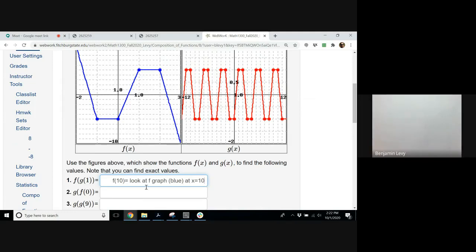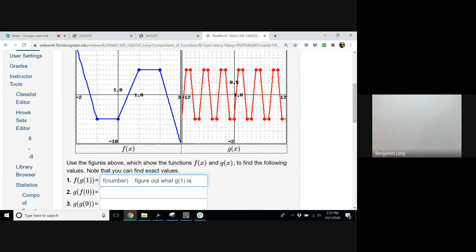That's what f of 10 means. That's exactly the similar kind of instruction that this one has. It's f of something. It's just that the something needs to be a number. So what we want to do is we want this to equal f of a number. And so what we're going to do is figure out what g of 1 is.